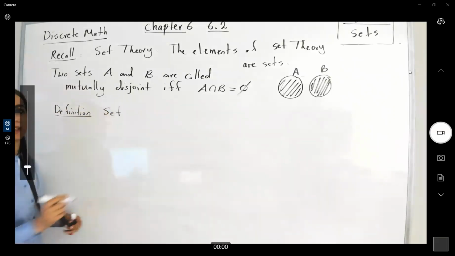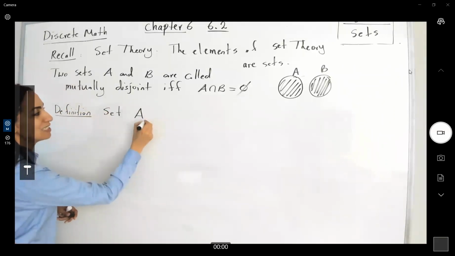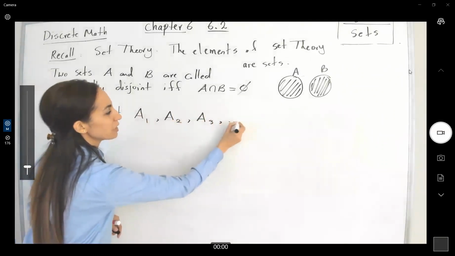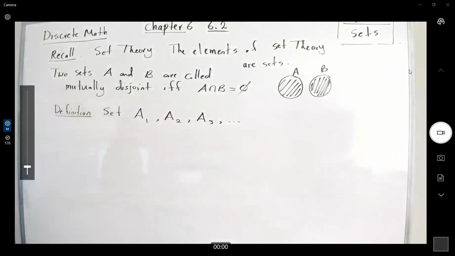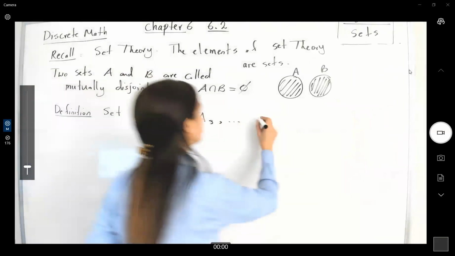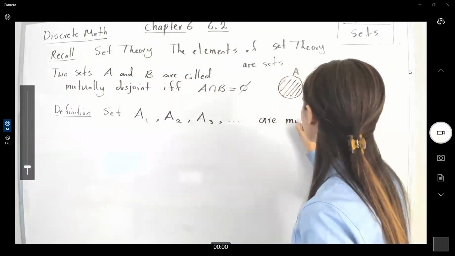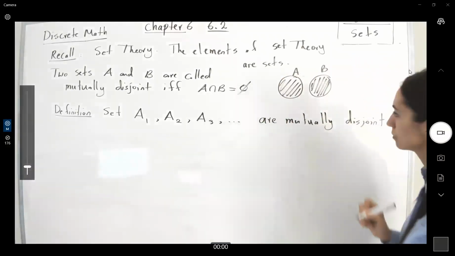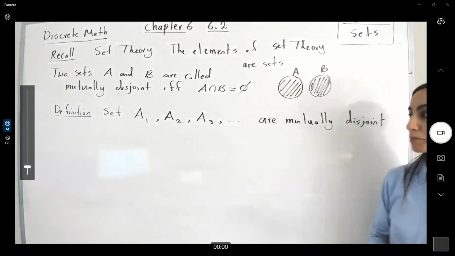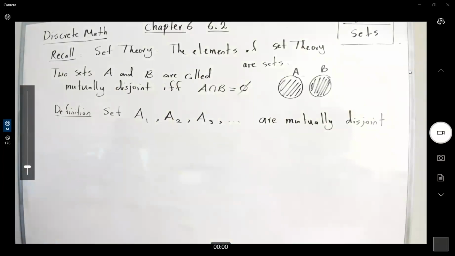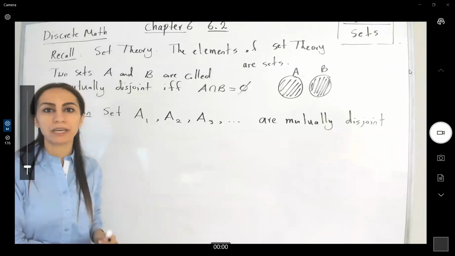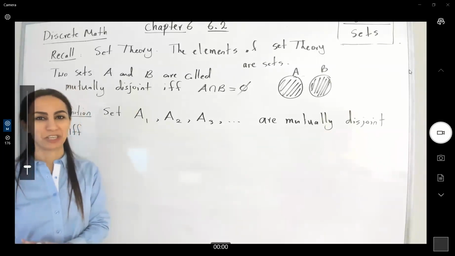Sets like A sub 1, A sub 2, A sub 3, and so on, are mutually disjoint or pairwise disjoint if and only if you're taking these sets 2 by 2, pair by pair, and there is no intersection between them.